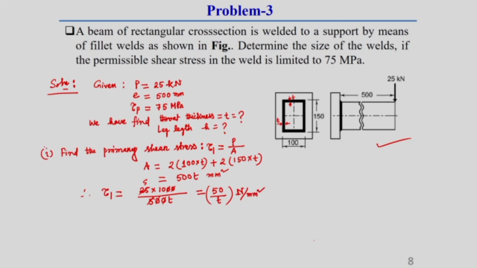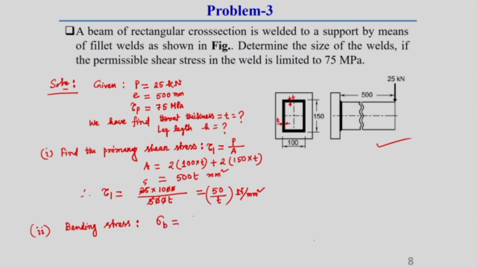Now, the second step. I am solving this problem because here you will get some idea to consider the farthest distance of weld to find the maximum shear stress, which I will show. So the second step is bending stress calculation.